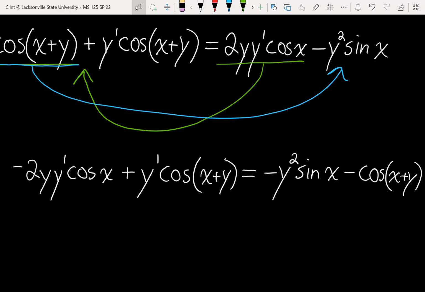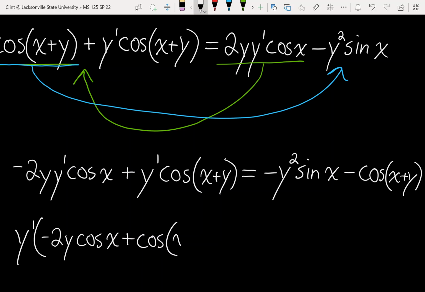Trying to solve for y prime. Factor out a y prime on the left. So we'll have y prime times negative 2y cosine x plus cosine of x plus y equals all this messy stuff on the right side.